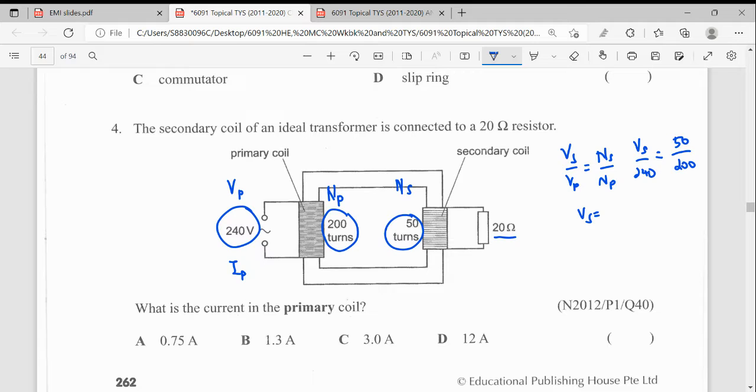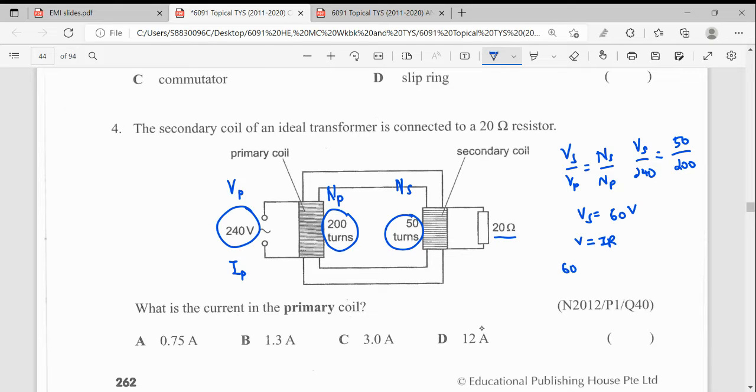So if you take your calculators and press in the values, you should get Vs to be 60 volts, if you've done it correctly. So since you know that your Vs is 60 volts, we can solve for our Is, because V is equal to IR, right?